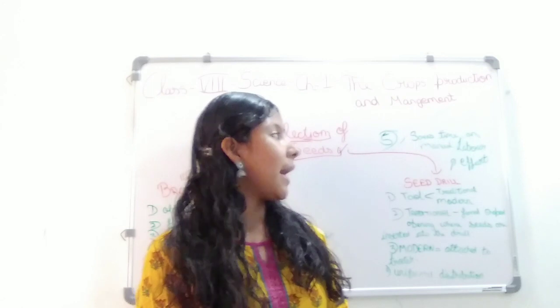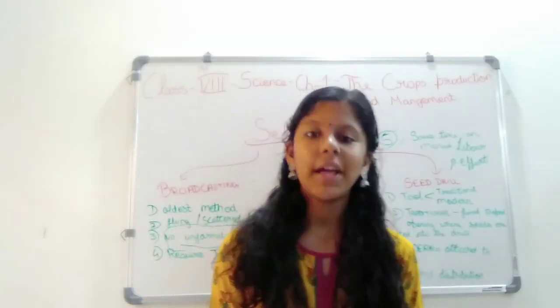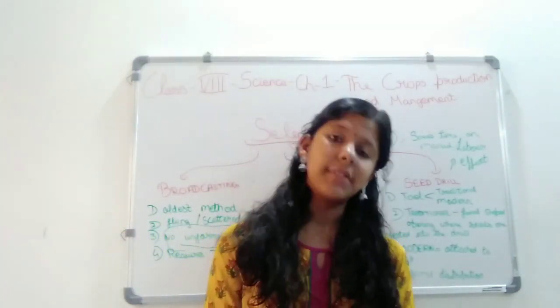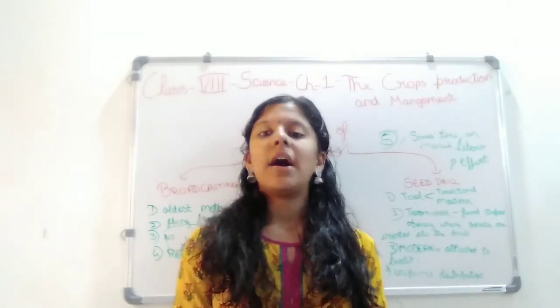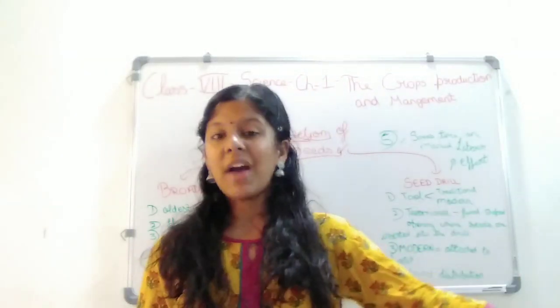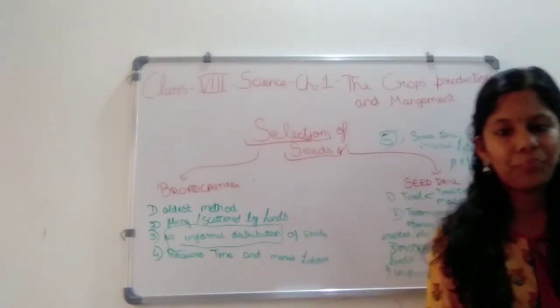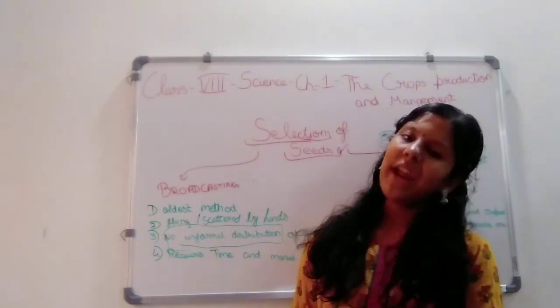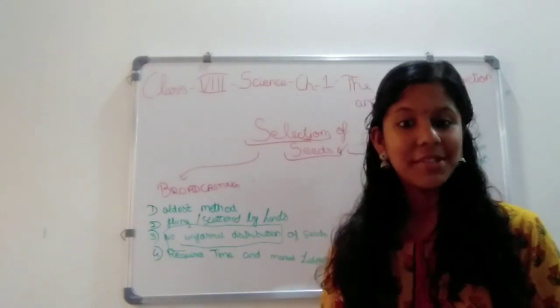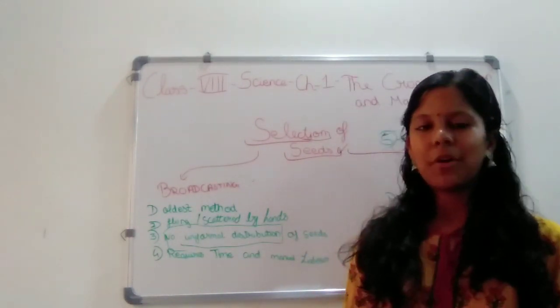It also saves time as well as manual labor, compared to the broadcasting method, because broadcasting seeds are just thrown, and they don't follow a particular distance and a particular depth. So now we are done with this topic, and next is selection of seeds. Now let's move to our next topic.